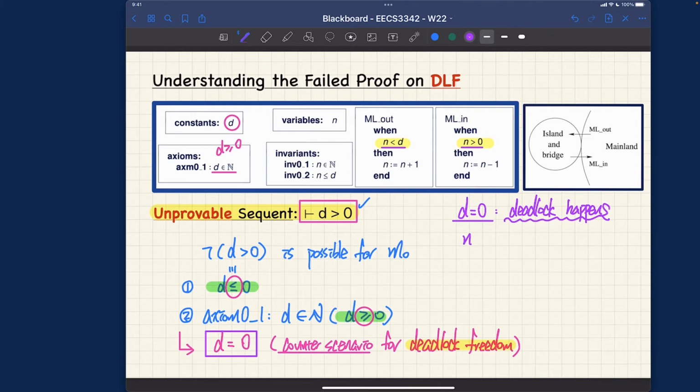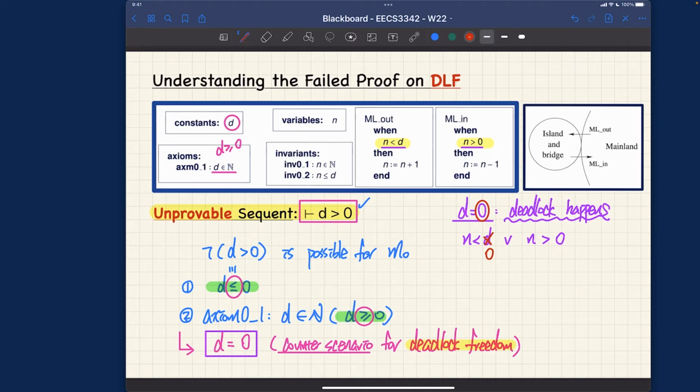So n less than d or n larger than 0. Remember, according to our proof obligation rule, we disjoin all the guards for all the events together. And we are talking about a particular scenario where d is just equal to 0, so d will just be replaced by 0, and there's only one occurrence.